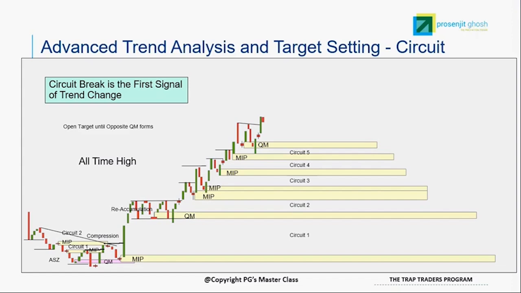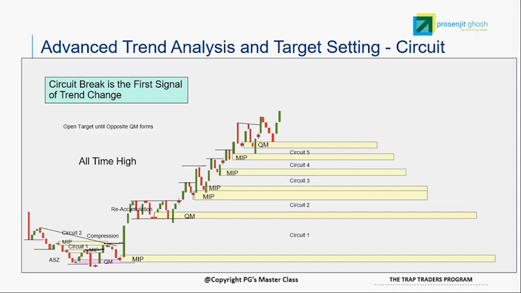Okay, so price is moving up, creating so many circuits and continuously moving up. Same again, price comes down a little, tests the QM, and then a pro gap happens, price moves up.